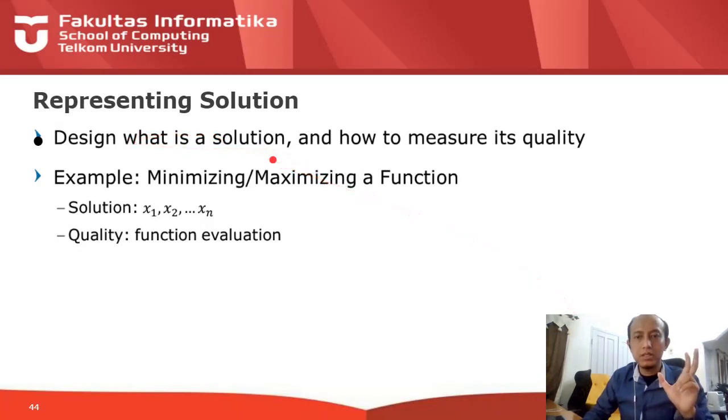For minimizing or maximizing a function, the solution is input variables. The quality is the evaluation result of the function. How we interpret that quality depends on whether we try to minimize or maximize the function.